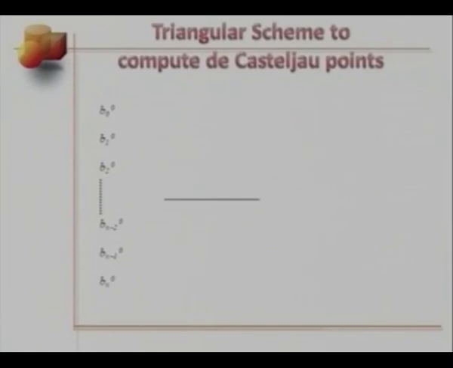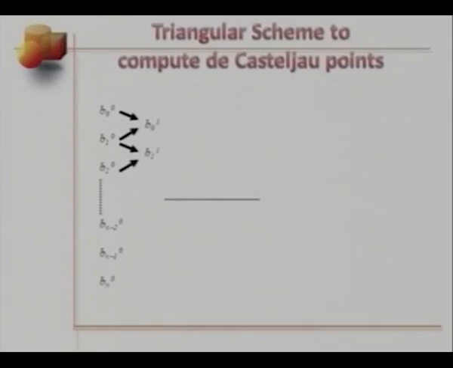In the second column, we start placing the first stage interpolation points. We use b_0^0 and b_1^0, combine them to get b_0^1. Likewise, we use b_1^0 and b_2^0, combine them together and get the first stage linear interpolation between them.